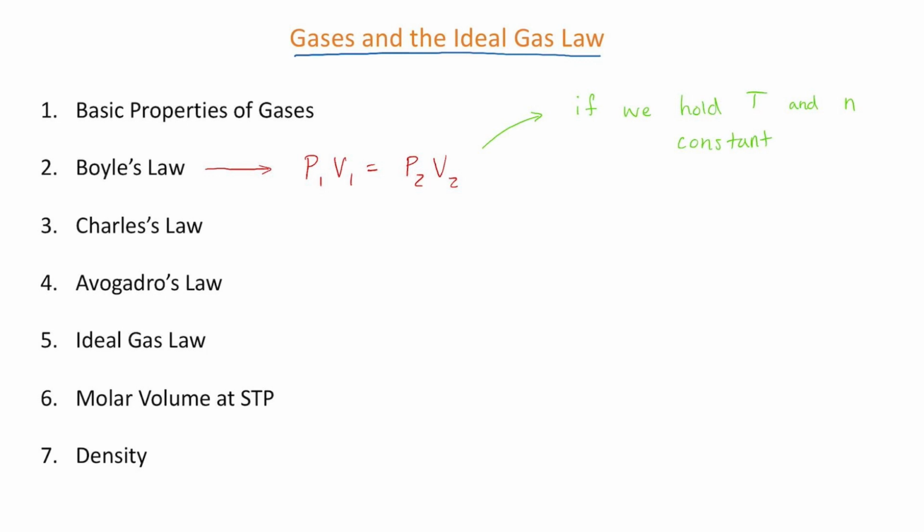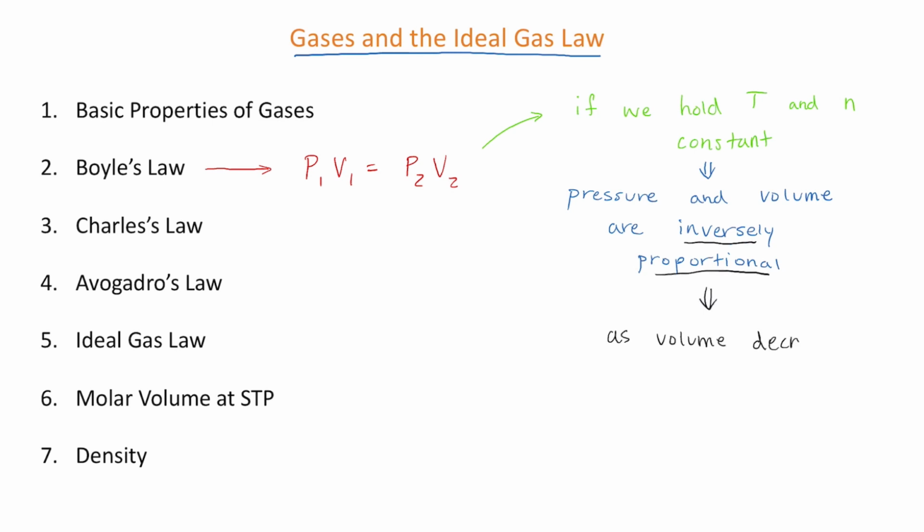The only variables they changed were pressure and volume, because they wanted to see the relationship between the pressure and volume. And what they found is that pressure and volume are inversely proportional. Now, what does that mean? Well, it means if the volume of a gas decreases, then the pressure will increase.